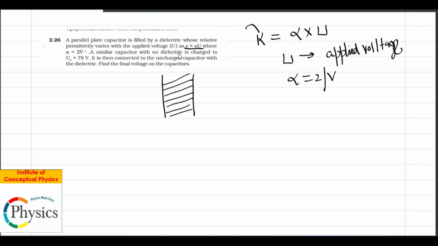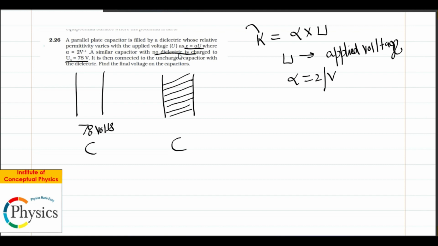The second capacitor has no dielectric but is charged to some potential. So this is the second capacitor, I'm sorry, is charged till the potential of 78 volts. And it's a similar capacitor, which means the capacitance is identical.